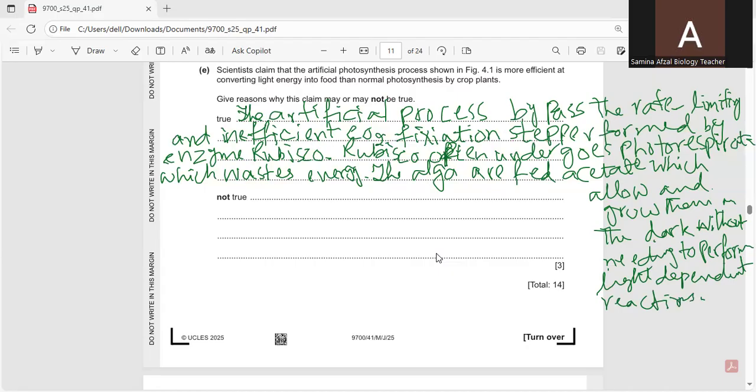So in this way, these can be the true statements which they have claimed.